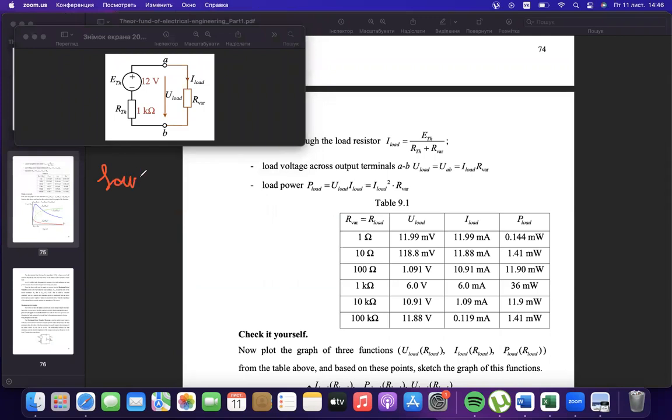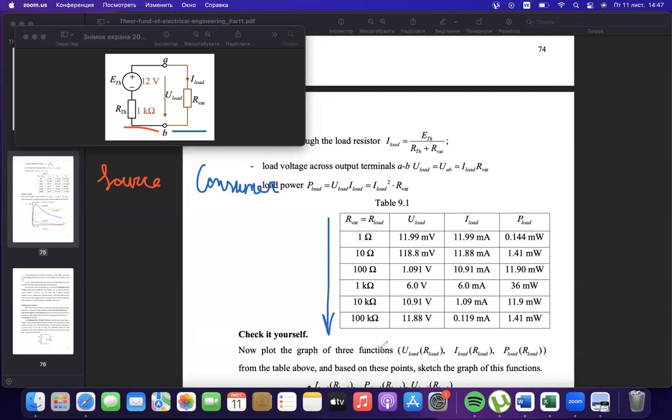The left will be the source with internal resistance R, and the right one will be the consumer. Then, we are varying the resistivity, we are varying the consumer.